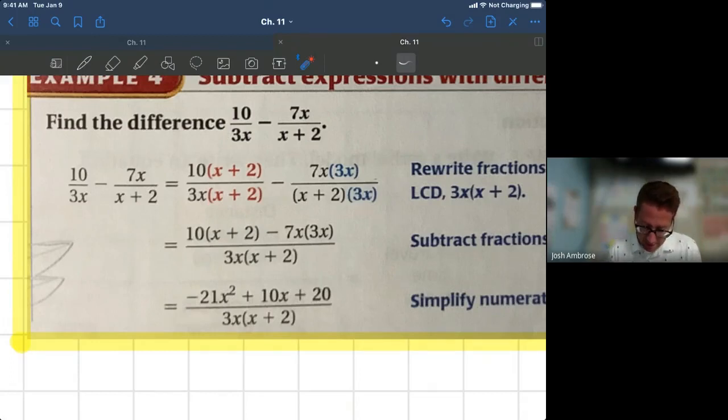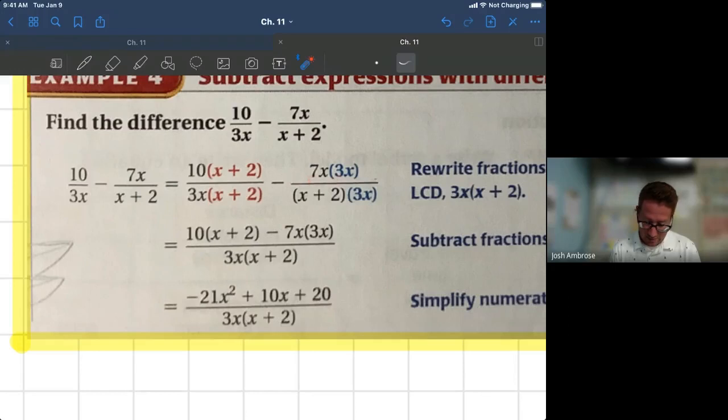Now, you do still have to multiply the numerators. All right? So the 10 will be distributed in here to the x and the 2. And then the 7 will be multiplied by the 3, and the x will be multiplied by the other x. That is how we're getting this full trinomial here.